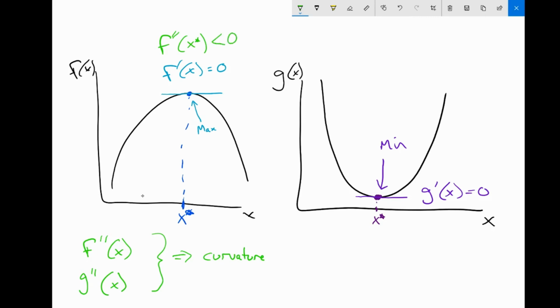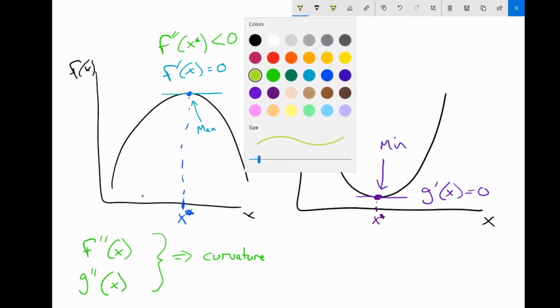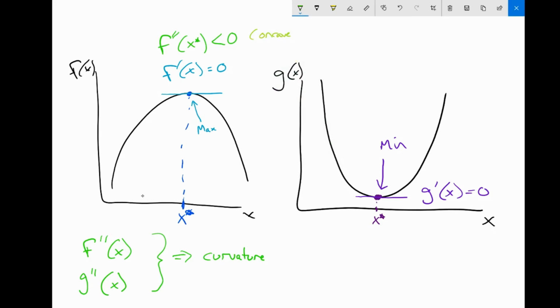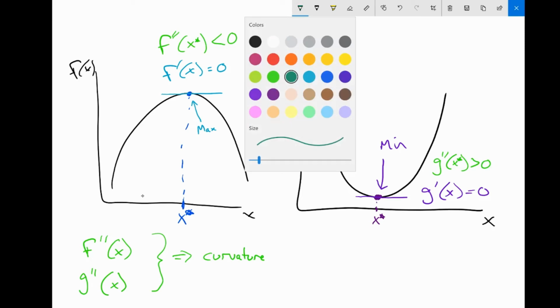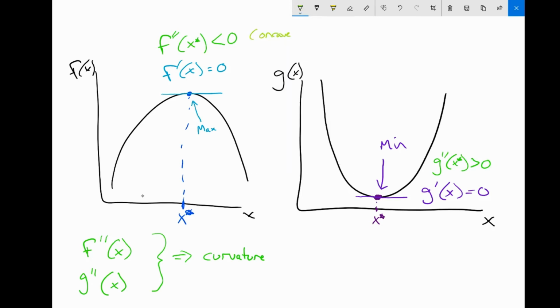It's negative, which implies concave. What is the second derivative of g of x at x star? It's positive, which implies convex.